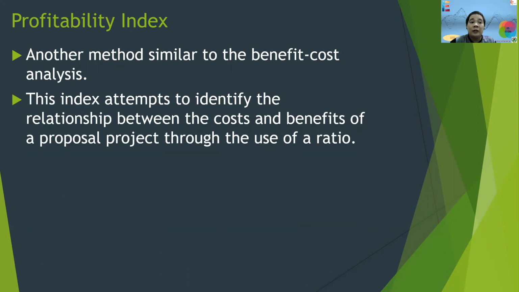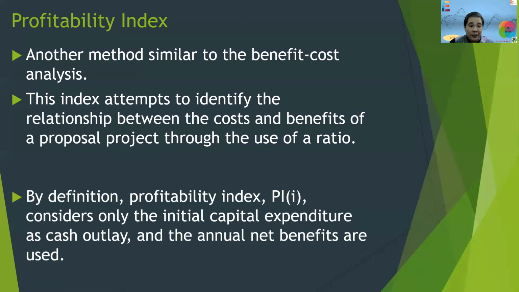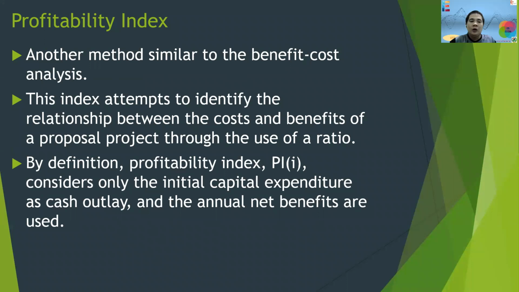This index attempts to identify the relationship between cost and benefits of a proposed project through the use of a ratio. By definition, the profitability index or PI at a certain interest rate considers only initial capital expenditure as cash outlay, and the annual net benefits are used.